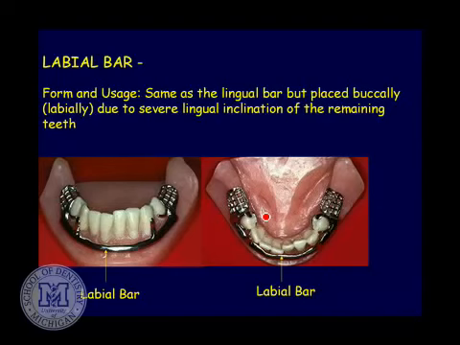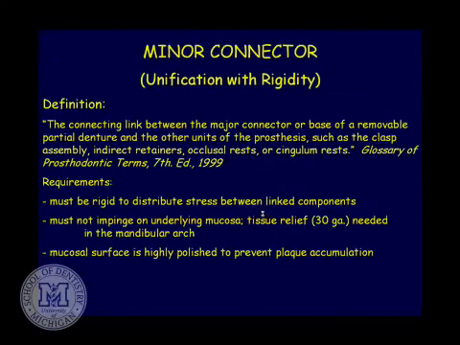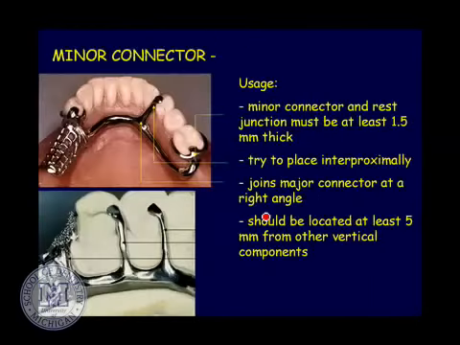So again, these definitions are saying, okay, what's a major connector got to do? And then we've got a minor connector right here. What your minor connector does is it hooks an occlusal rest to the major connector or other components. Here are two minor connectors in a case where they've got occlusal rests. Sometimes in the Kroll manual, they draw lots of partials like this. Sometimes in these situations myself, and this is personal preference, I will go ahead and run a lingual plate across some of these areas.